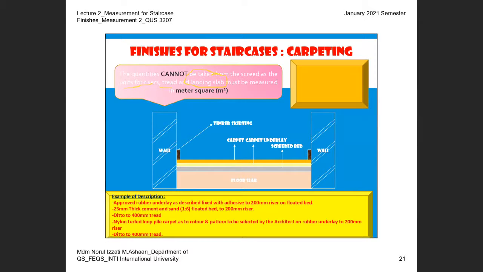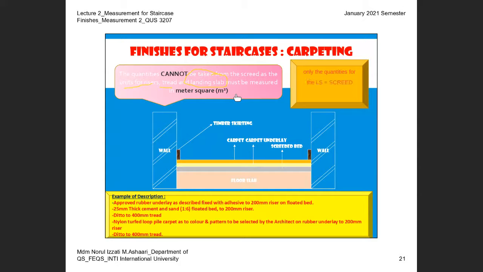Okay, so let me put the note here, sorry, let me change the color. Only the quantities for the landing slab can be taken together with the screed.